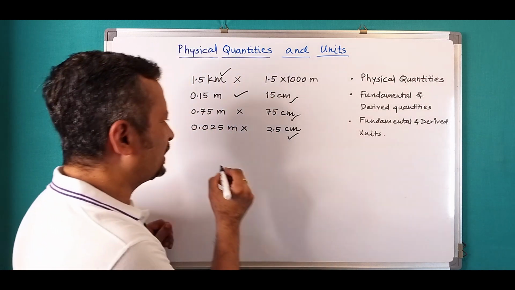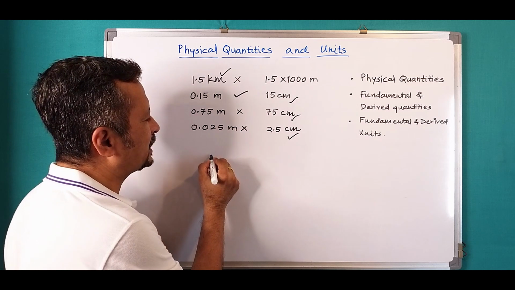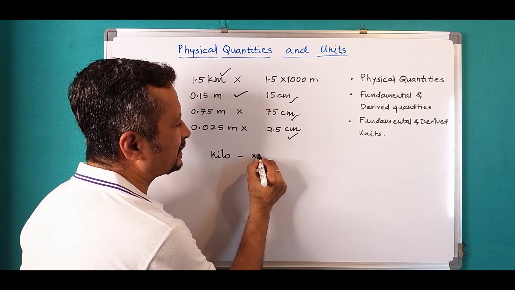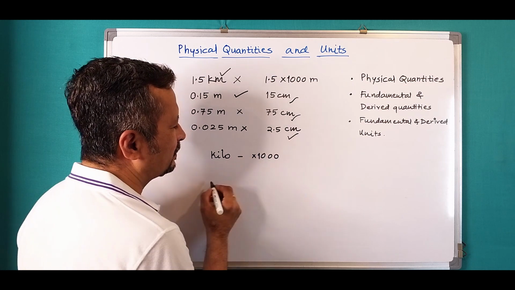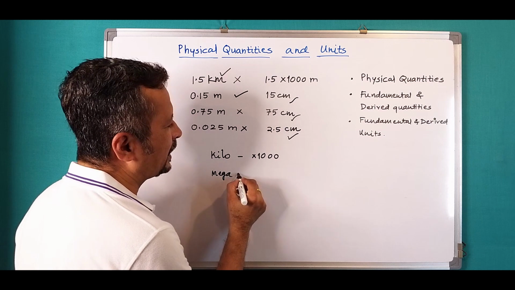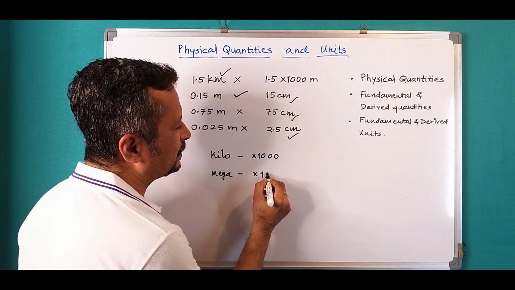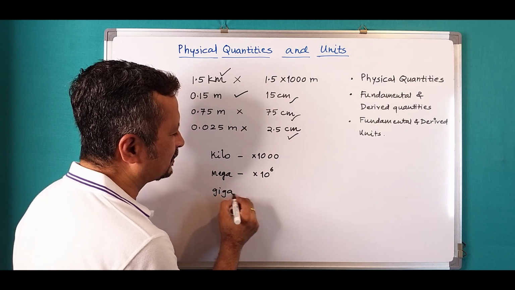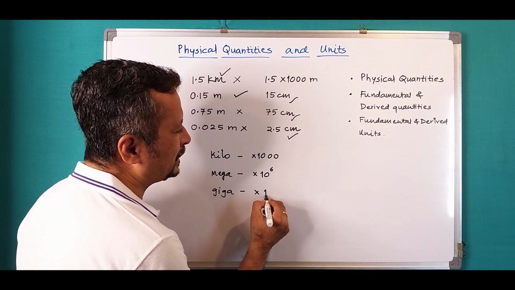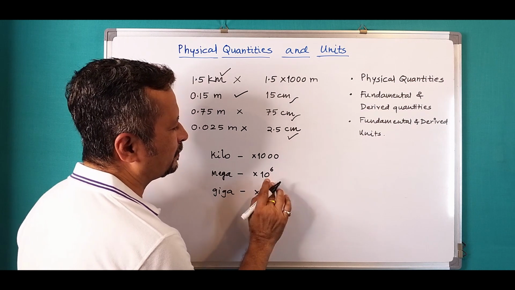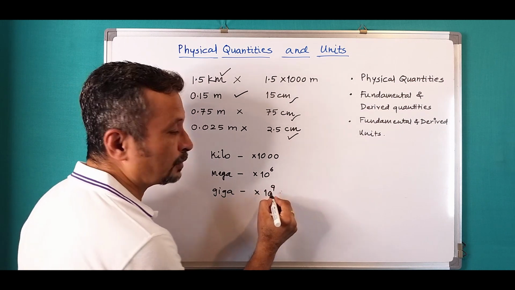Like when I have kilo, that means I multiply by 1000. When I have mega, I multiply by a million. When I have giga, I multiply by a billion, that is 10 raised to power 9.